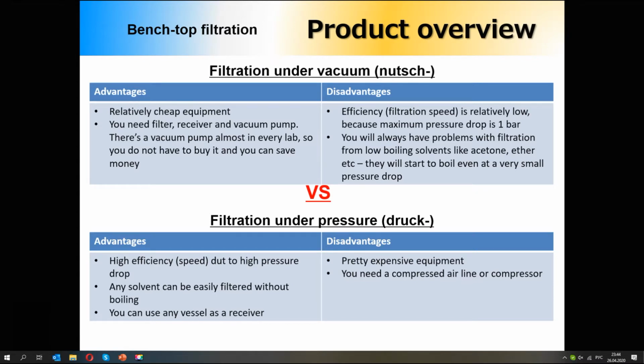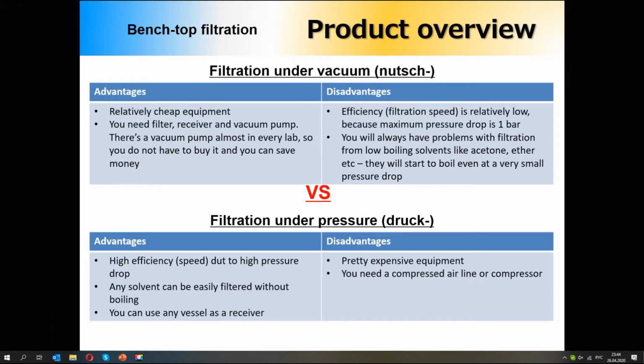As I mentioned, the pressure drop, I think it makes sense to explain what makes the filtration process go. When we're doing filtration under vacuum, we create the vacuum below the filter, and above the filter we still have the atmosphere, which presses on the slurry.